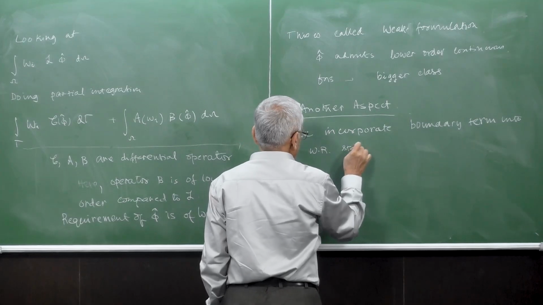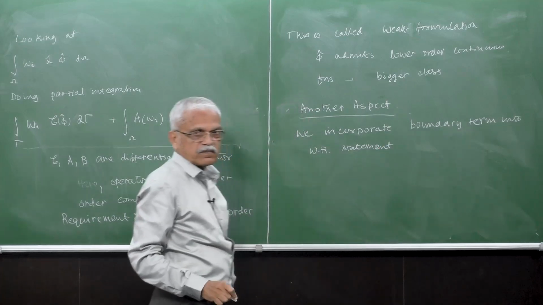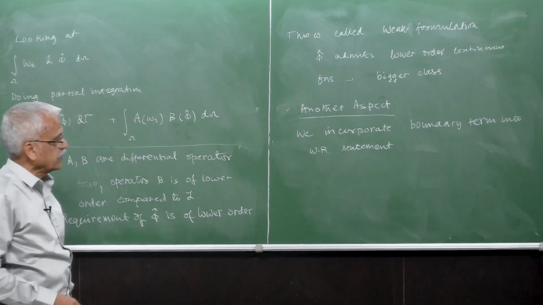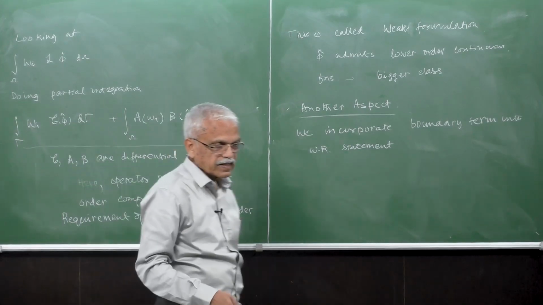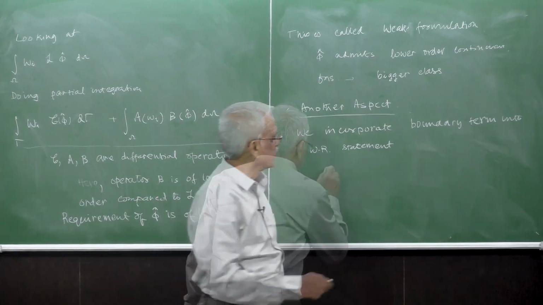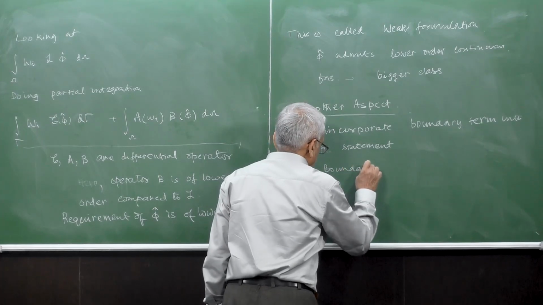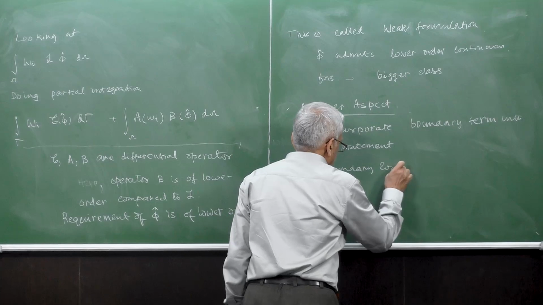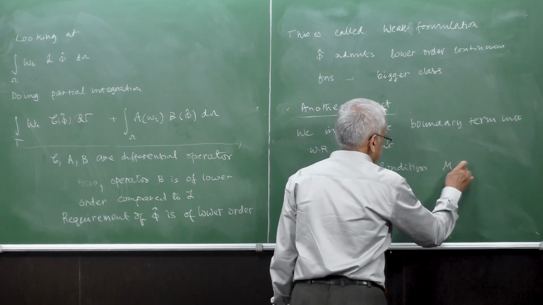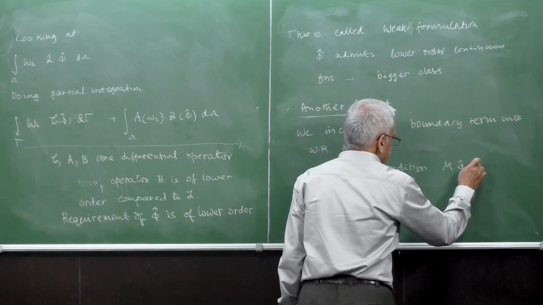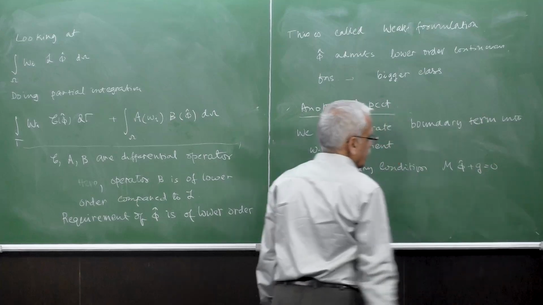Why do we have to incorporate the boundary term? We know that the boundary condition is this one, the boundary condition on phi hat.